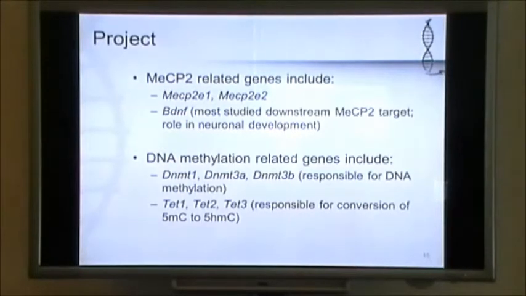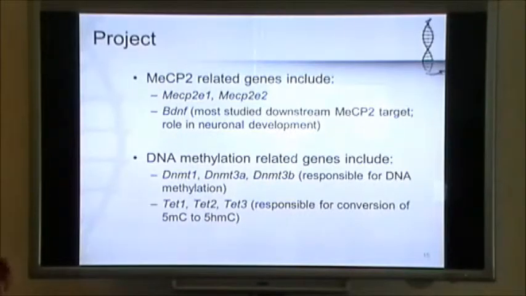The MECP2 related genes I'm talking about include MECP2 E1 and E2, the two isoforms of MECP2, which share common functional domains, and BDNF, which is brain-derived neurotrophic factor, the most studied downstream MECP2 target, which plays a role in neuronal development, maintenance of synapses, and that kind of thing.